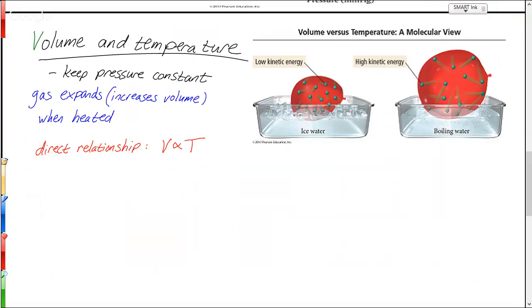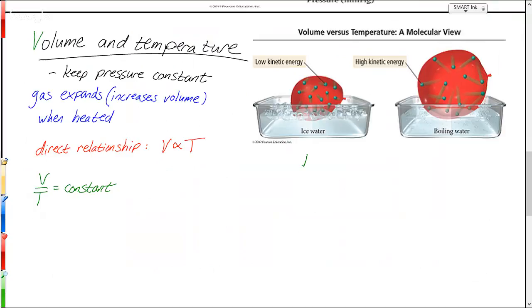One goes up, the other goes up. One goes down, the other one goes down. That's the opposite relationship of Boyle's law, which was an inverse relationship. And we can write these things using the same types of language that we did in the previous one. It's just all going to be opposite. So we might say that V divided by T is always constant, if we rearrange that equation a little bit.